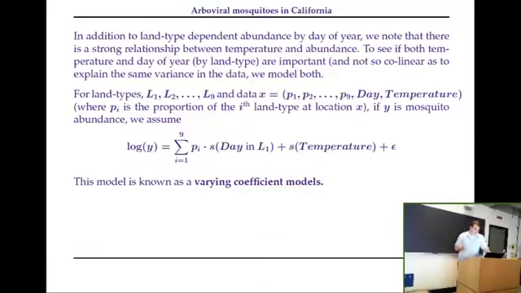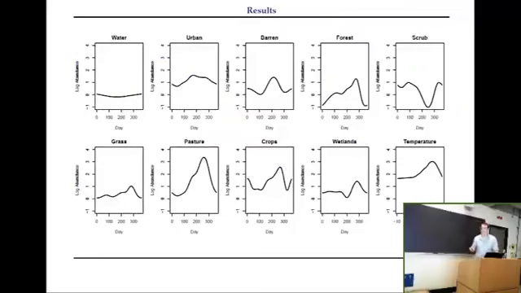So again, skipping the details, I'm going to jump right to the results. So we have 9 different land types: water, urban, barren, forest, scrub, grass, pasture, crops, and wetlands. I've displayed the resulting seasonal signatures on a log scale. So for example, water.